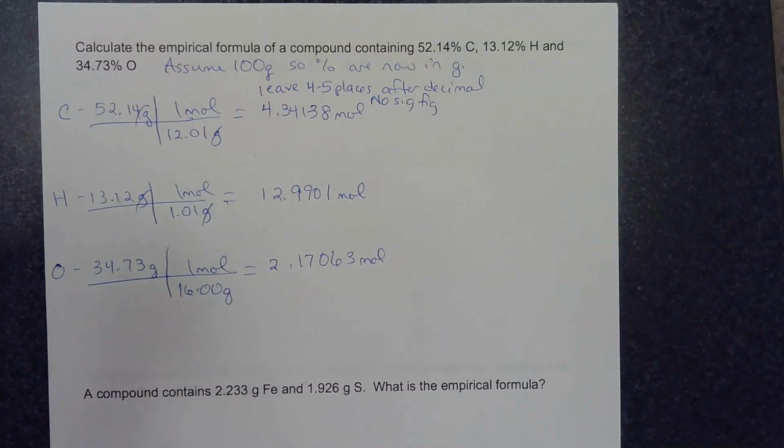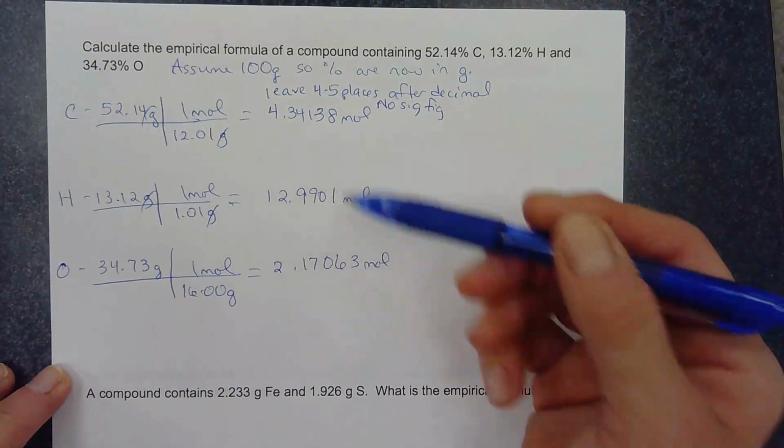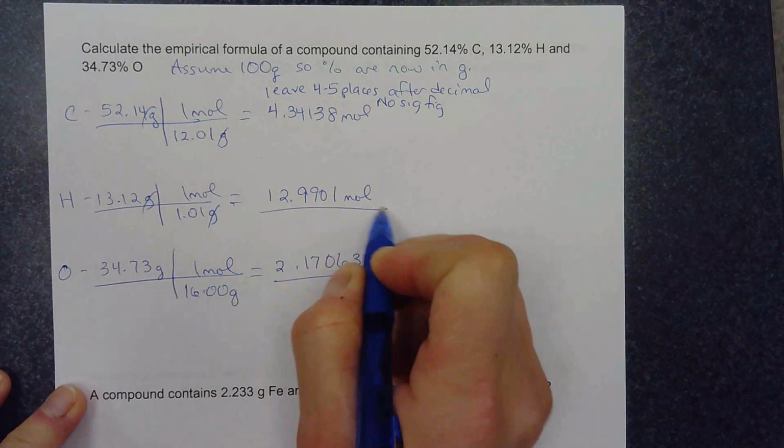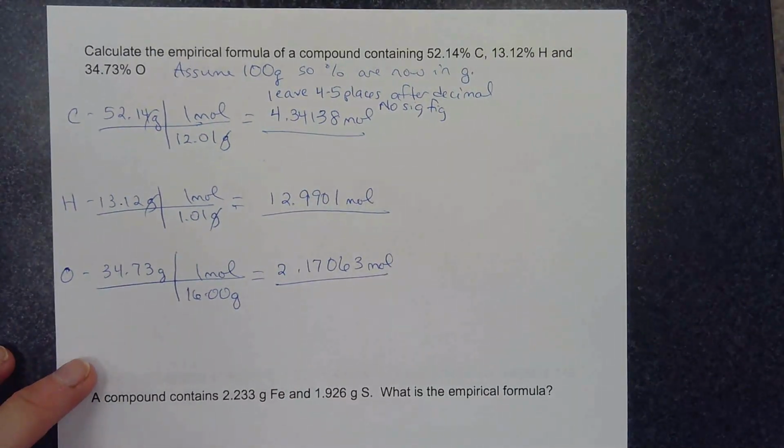Now, what's the next step say? Go back and look at your steps. Look at the rules. I think it's rule 3. Here, I'll tell you which rule. No, rule 4. Divide by the smallest mole quantity. Which one of these numbers is the smallest? Oxygen. So everything gets divided by the smallest.